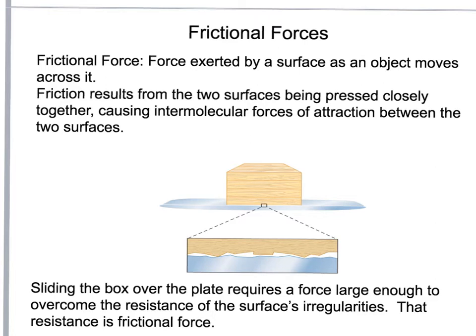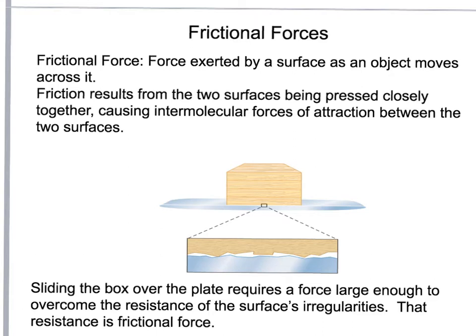The ice has not a lot of friction, but enough that if you fell on ice, you would eventually slide to a stop with the little bit of friction that it does have. So again, frictional force is force exerted by a surface as an object moves across it.